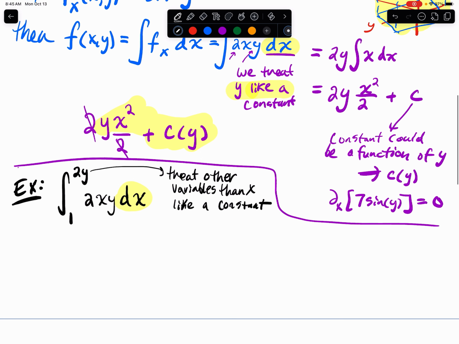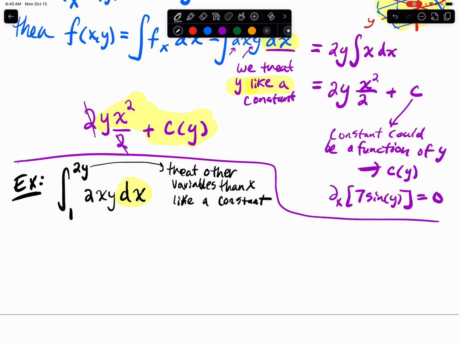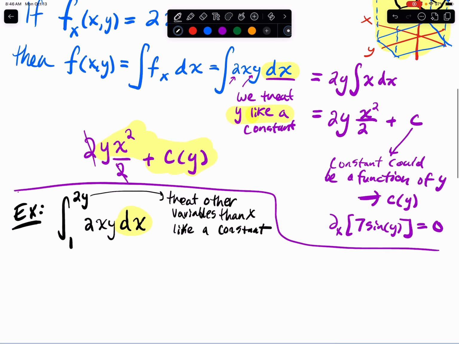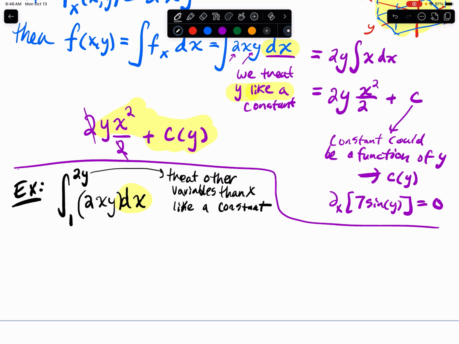So once again, whenever I integrate 2x with respect to x, I get x squared, times y, evaluated from 1 to 2y.